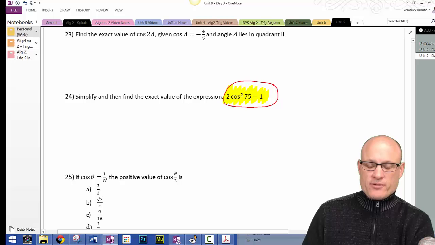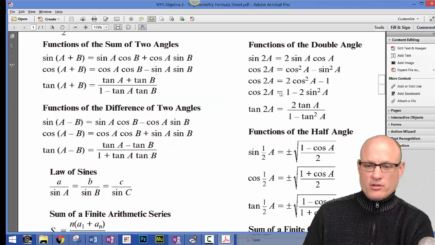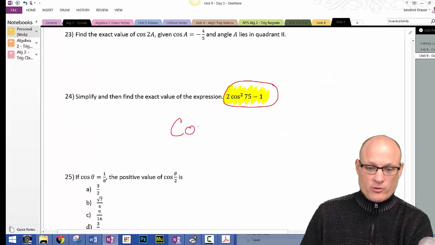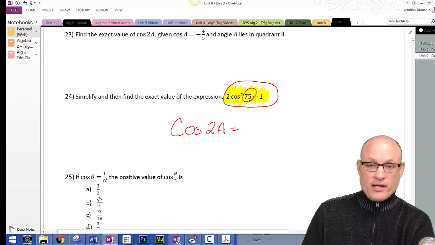Okay. If you paused it, that's great. 2 cosine squared minus 1. Oh, look, 2 cosine squared minus 1. That's the double angle formula for cosine. It's just another one of them. So this is really still cosine of 2a. Well, what's a? In this case, a is 75.